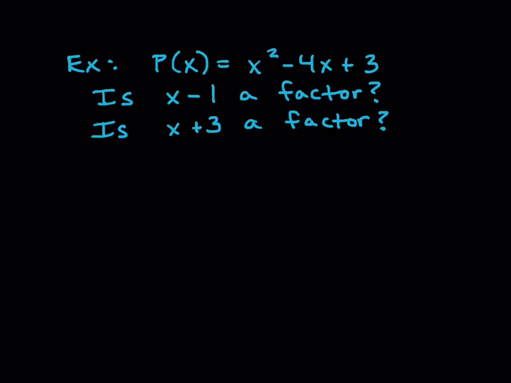Going the other way, the theorem also tells us that we can check if something is a factor by substituting in the 0 that's associated with it. So if I wanted to check this polynomial, p of x equals x squared minus 4x plus 3, and if I wanted to see if x minus 1 is a factor, I have two options. Option 1, I would plug in the 0 associated with it, the 1, and see what I get.